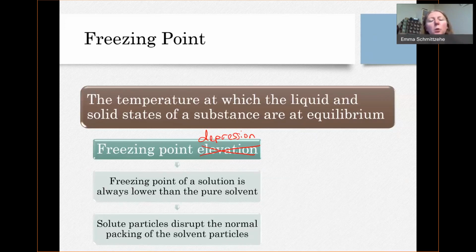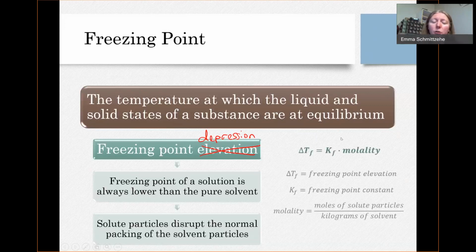But if there's solute particles now there, then it kind of disrupts that nice arrangement. And so you actually end up having to take more energy out to get it to settle down into a solid phase.